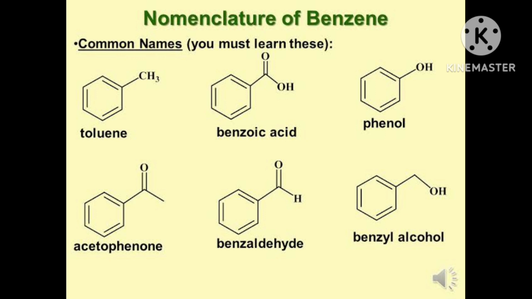Then 1-chloro, dash, 2,4, because at carbon number 2 and 4 the nitro group is there. Then 2,4, dash, dinitrobenzene. Always write with the separation dash: 1-chloro-2,4-dinitrobenzene.